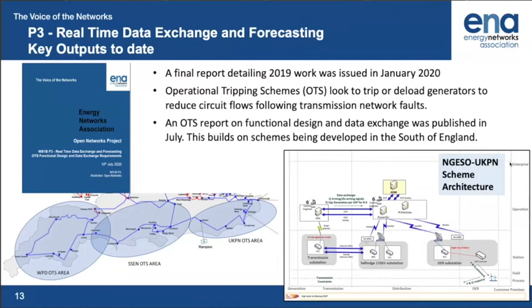So this particular area has been drawing on three operational tripping schemes, which have been developed by National Grid ESO and NGET, with the three DNOs that you can see there, WPD, SSEN, and UKPN, to help manage flows along and into the south coast transmission system.